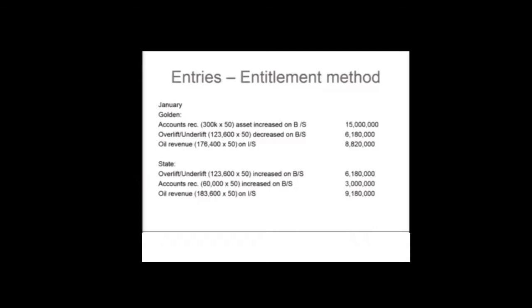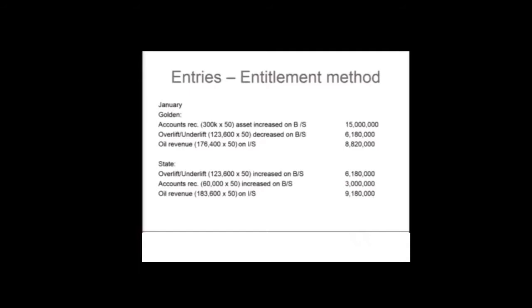That's their revenue, $9,180,000. The difference is, opposite from Golden, they actually took a lot less than they were entitled to take. They took 123,600 barrels less than they were entitled to take. At $50, their over-under account is increased because they're owed.